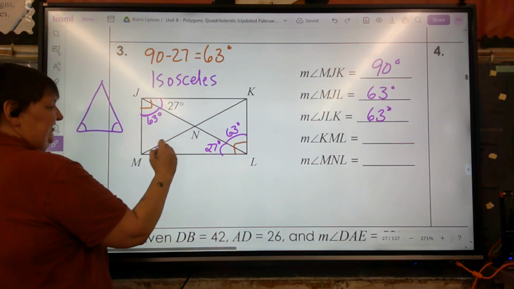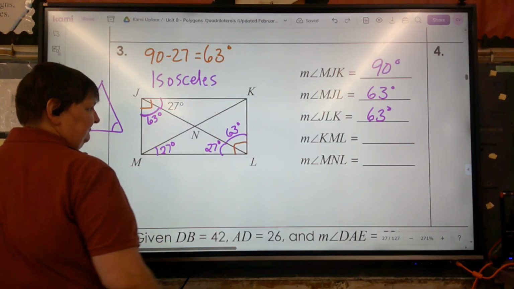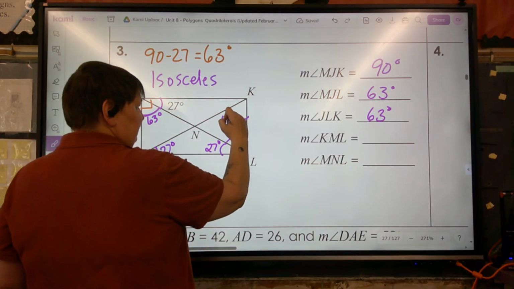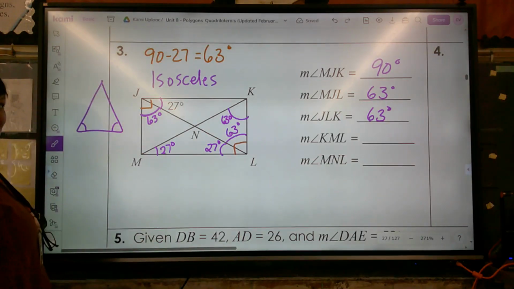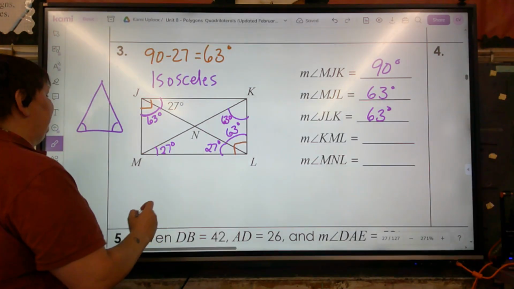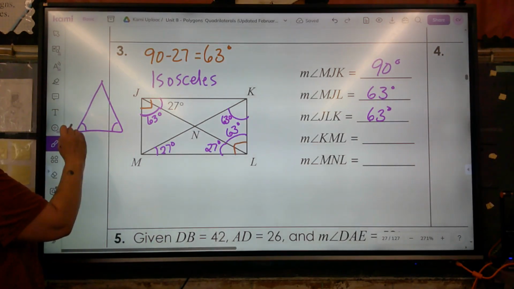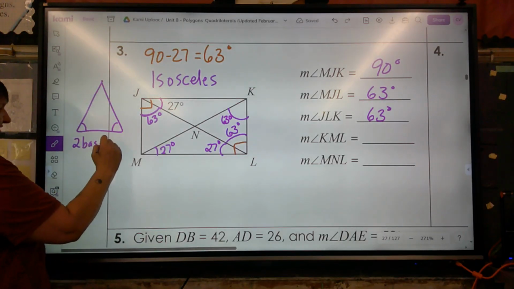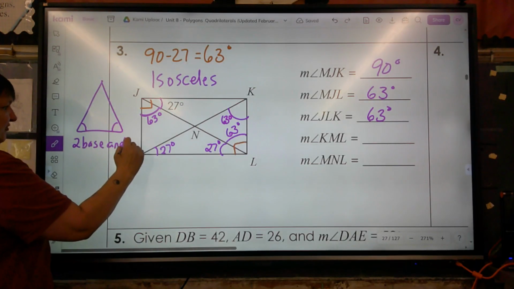So if this one's 27, this one has to be 27. If this one's 63, this one has to be 63. You need to remember the rule, right? The rule is the two base angles are congruent.